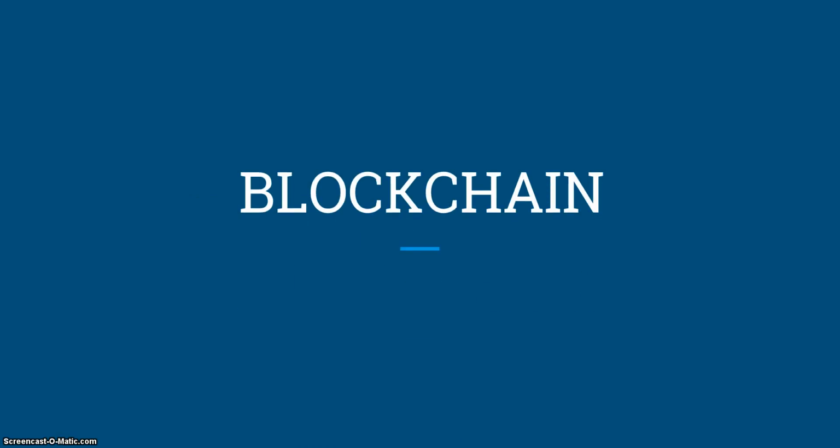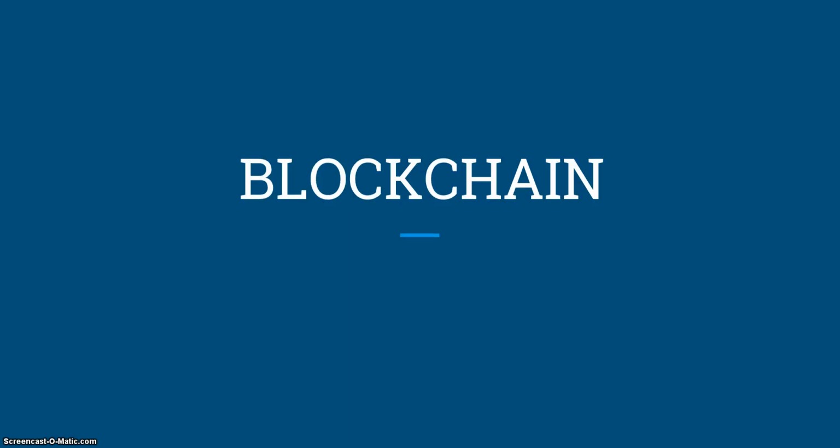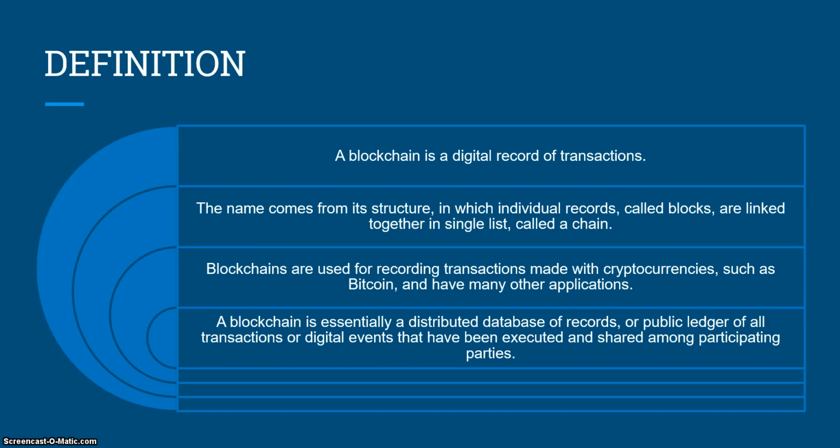Now we are going to discuss blockchain. First of all, what is blockchain? The blockchain name itself suggests its meaning. The name also comes from its structure in which individual records called blocks are connected together in a single chain.